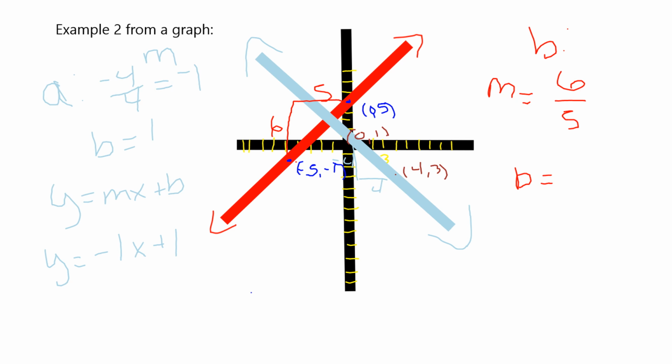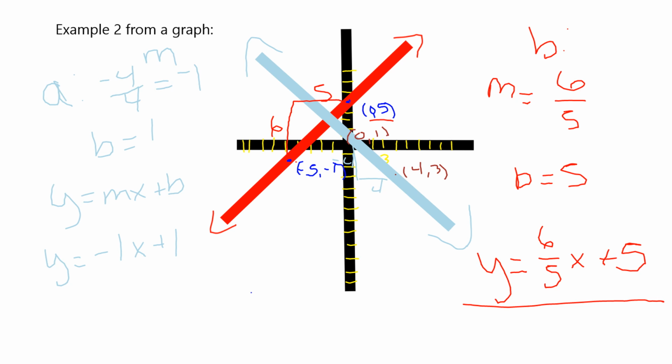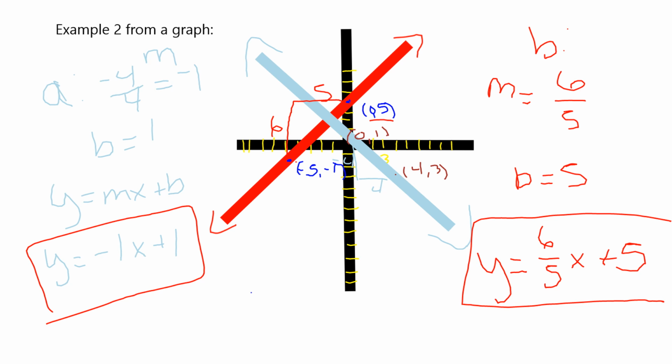And my b is 5 because it crosses here at 0,5. So we put it in my y equals mx plus b formula. My equation is y equals 6/5 x plus 5. So my two equations are the two boxes.